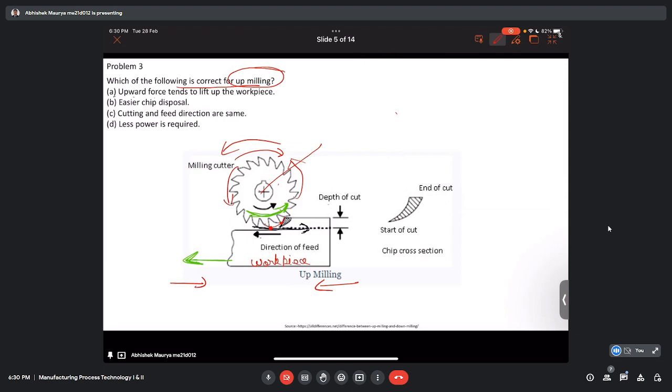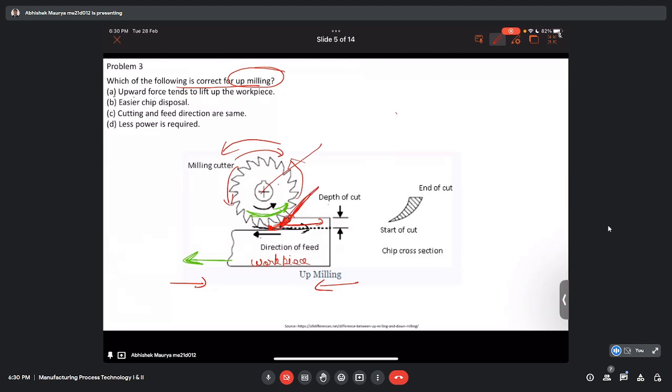Since the direction is like that, the tooth is moving from here to here, and because of this, at any point there are two components of the velocity.